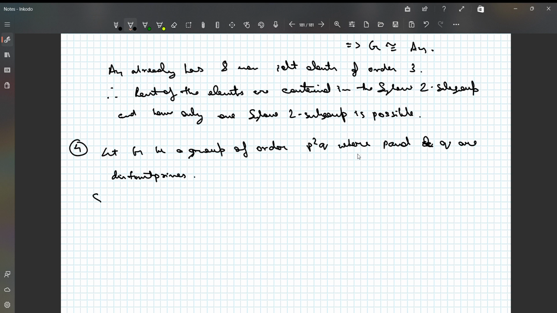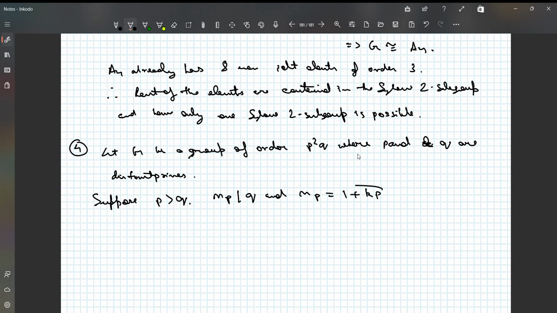Now suppose p is greater than q. We know that n_p must divide q, and n_p has the form 1 plus kp, where k is a non-negative integer.